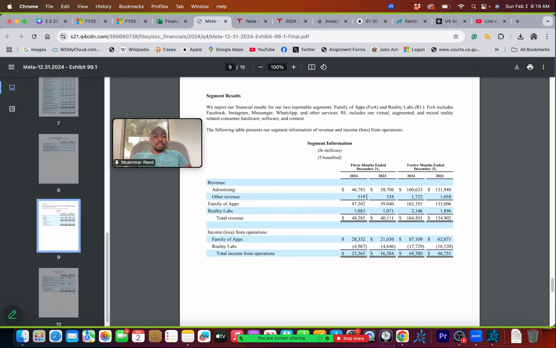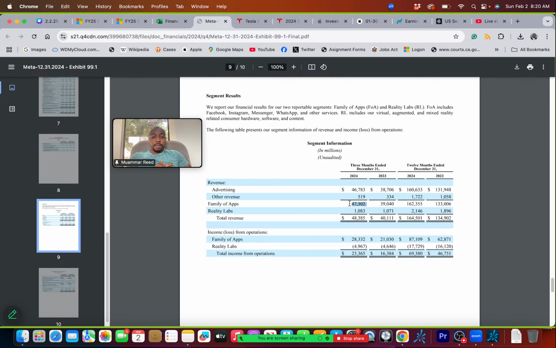Because look at this other revenue, right? Nothing to scoff at for a regular company, but out of this 48 billion, only 519 million is other revenue, and they're calling it other revenue, mostly because it's not really significant enough to parse out other than advertising. At least that's my hypothesis, right?